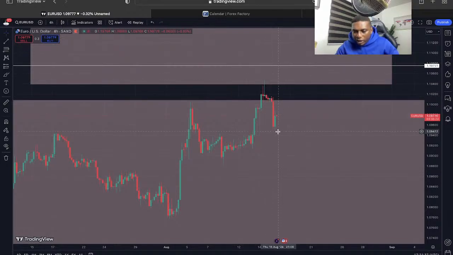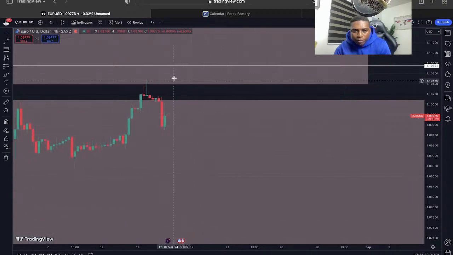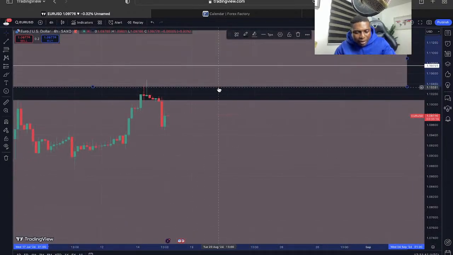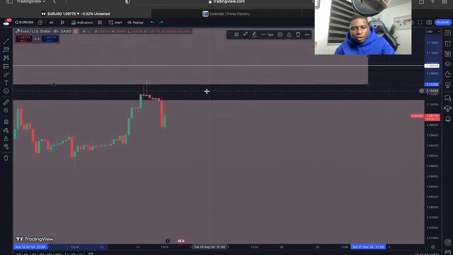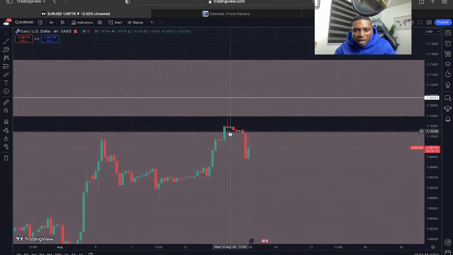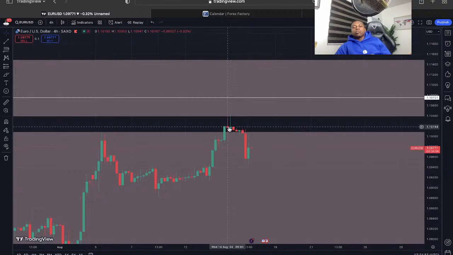Prior to the bearish hammer showing up, we can see that at this level we had an indecision. An indecision at a resistance zone shows that there is a higher chance of a turnaround in market direction, and we can see the market turning around at this level.